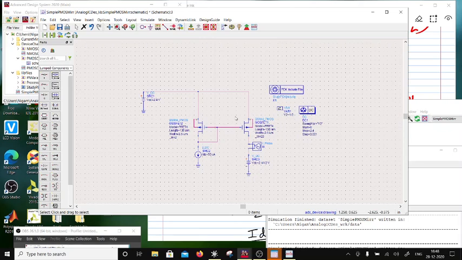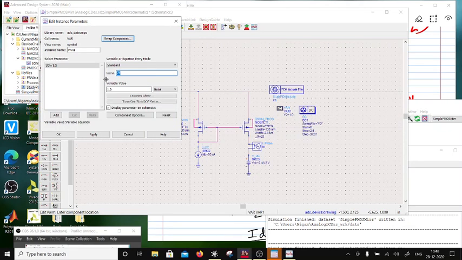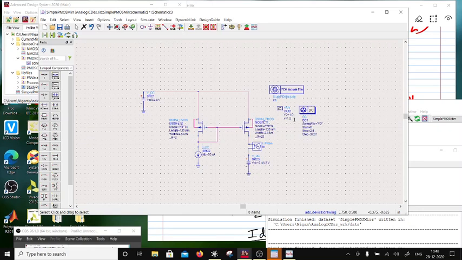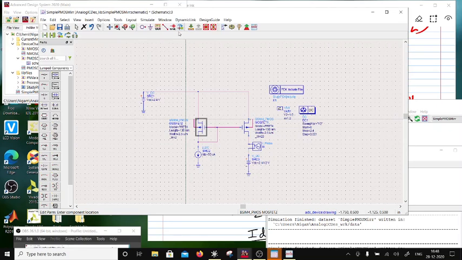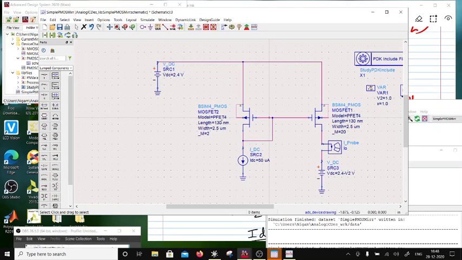I'm going to declare a variable X here, and X equal to 1, say add. Correct? Now I can multiply both by X. So if I go here, I can take this one and multiply by X, and multiply by X. Remember, I told you earlier that if you scale both length and width by the same X factor, then the size of the device remains the same.